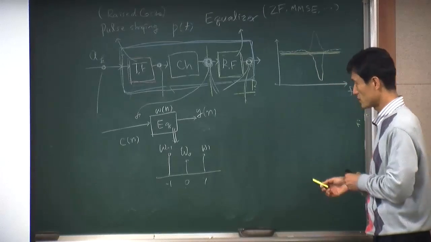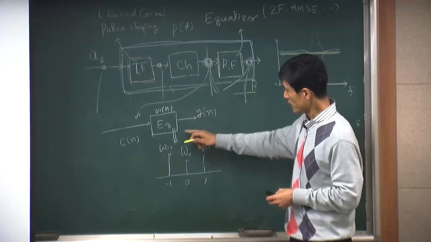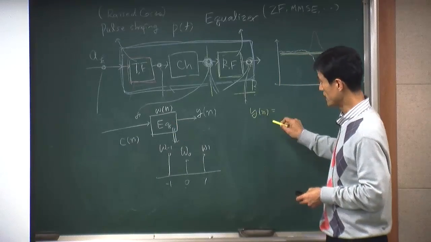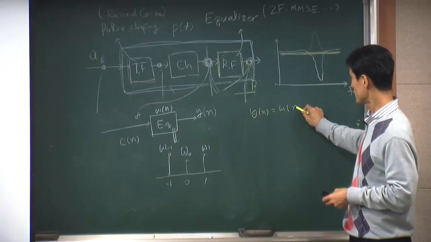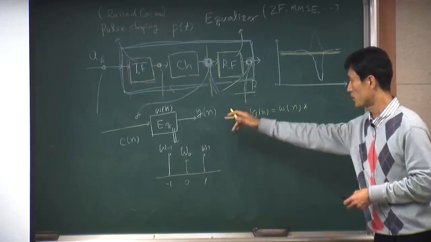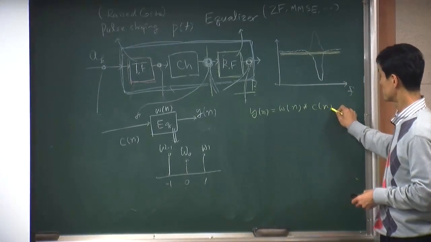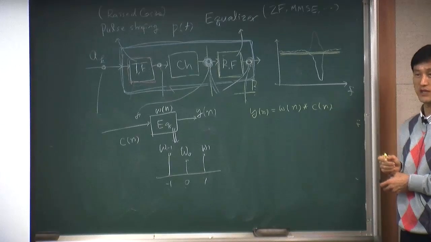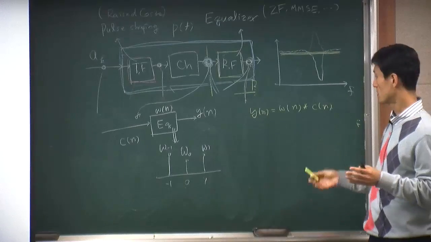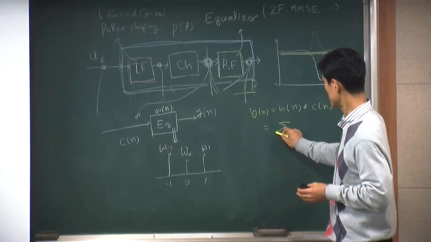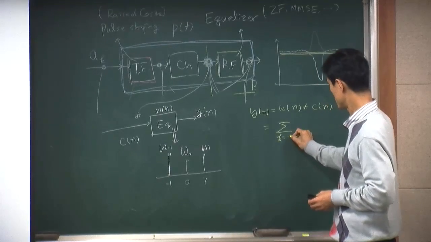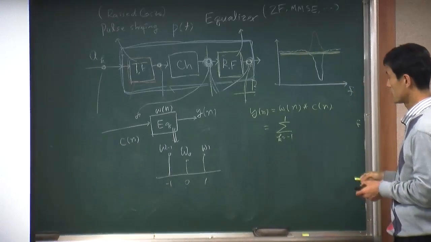How to do that: when you look at the input-output relationship, we know that the output Yn is simply the convolution of the input Cn and the impulse response Wn. This is going to be the input-output relationship. And this convolution is a summation, right? So therefore, what that means is, this is going to be like that.